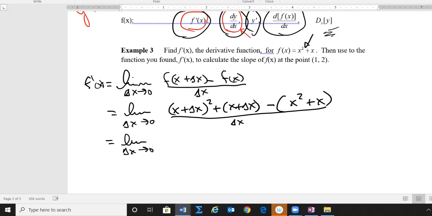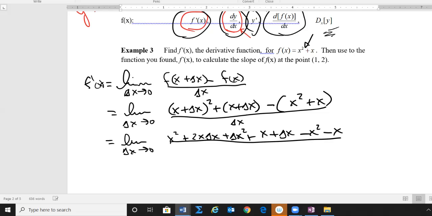We've got to expand this. We've got x squared plus 2x delta x plus delta x squared plus x plus delta x minus x squared minus x. Okay, hopefully some of this will simplify, which it usually does.